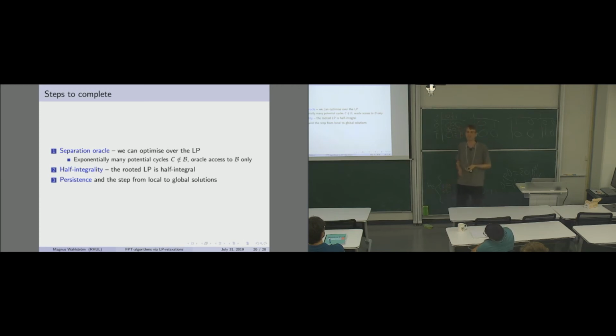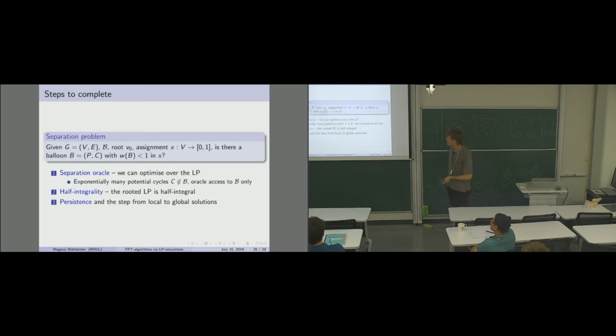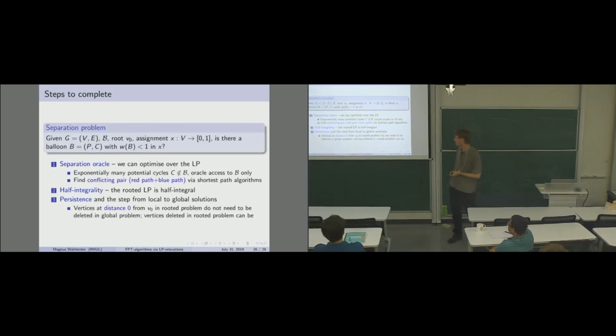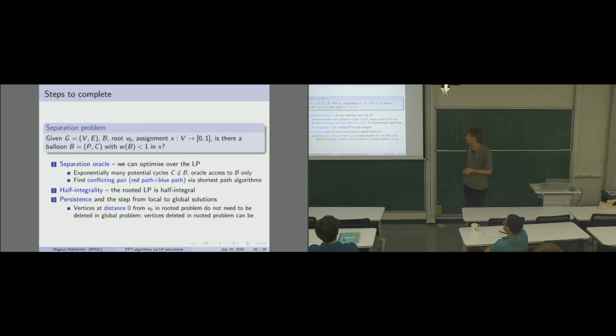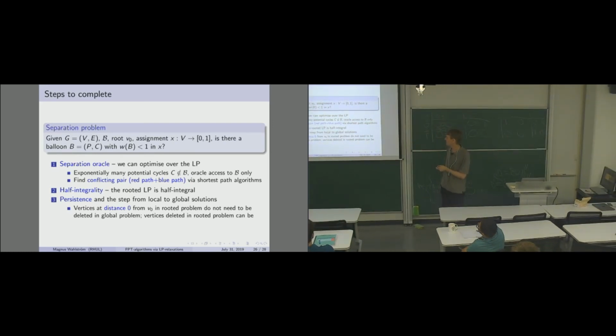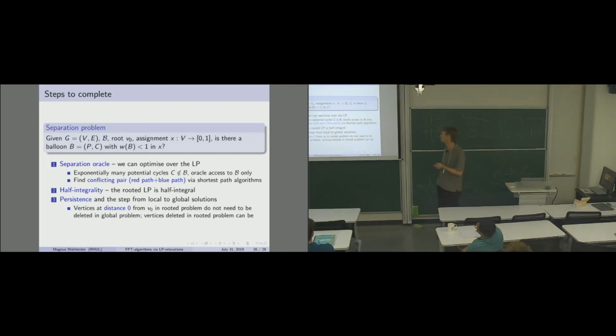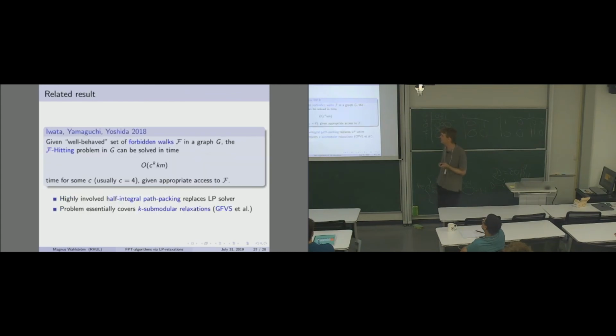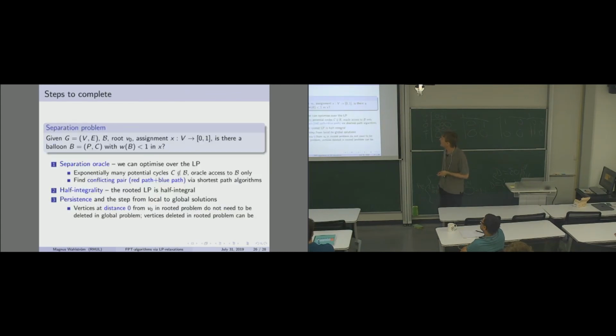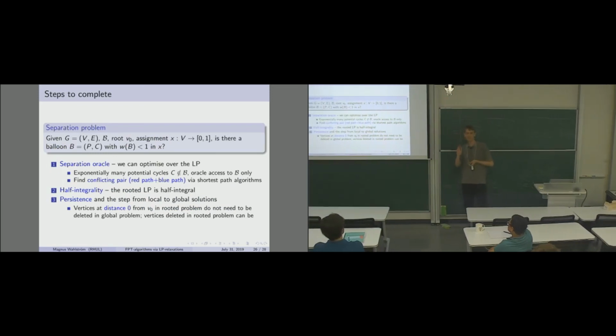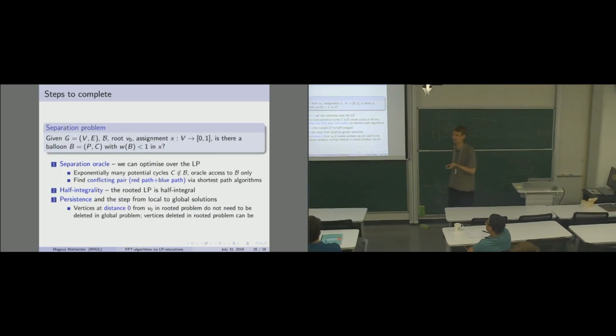It just, something happens. So the persistence locally is that vertices at distance 0 from V0 in the LP do not need to be deleted globally. Vertices which are actually deleted in the rooted problem can be deleted globally. So these things add up to a 4 to the k algorithm for the original problem.